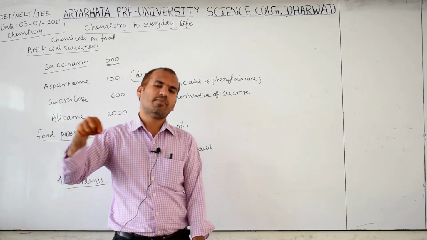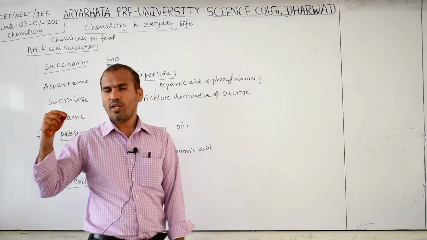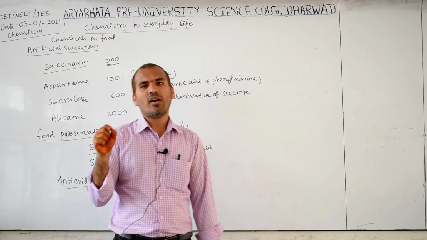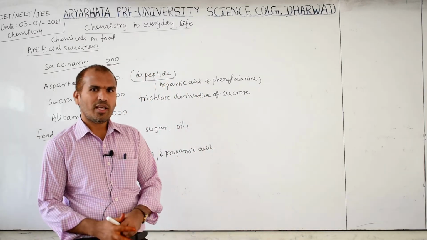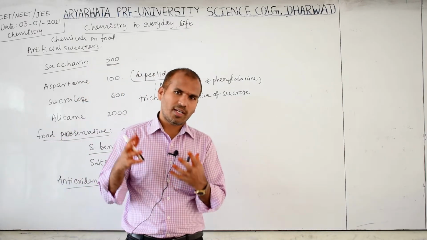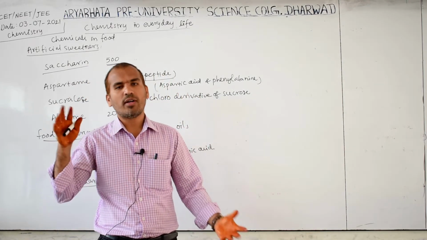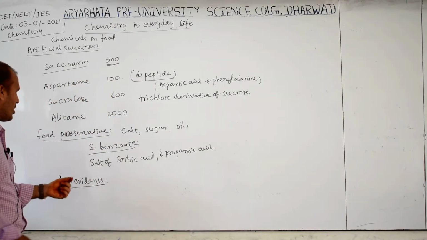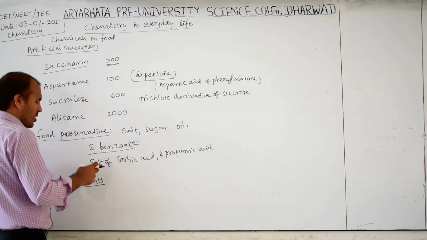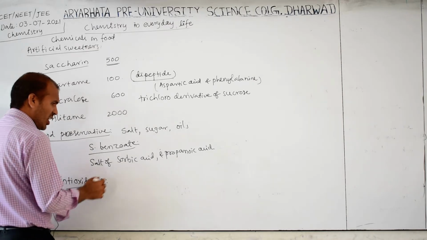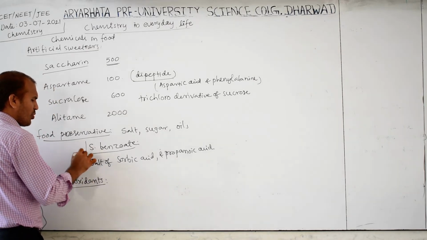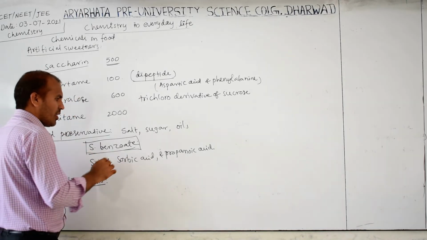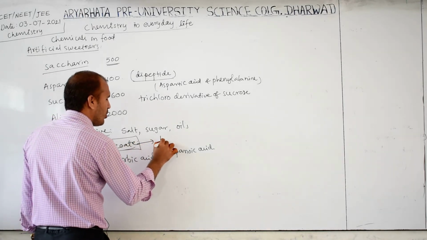In that you add some leaves, neem leaves. Neem leaves are one of the antioxidants. Therefore the food grains are preserved for a long time. So that is natural, but here we mean chemicals. And one more point you have to remember: sodium benzoate, if taken into our body, is converted into hippuric acid.